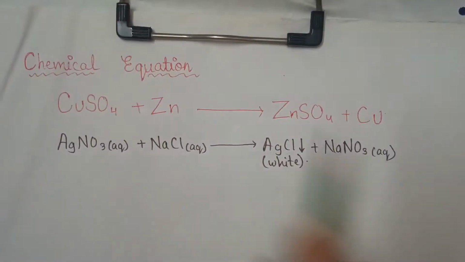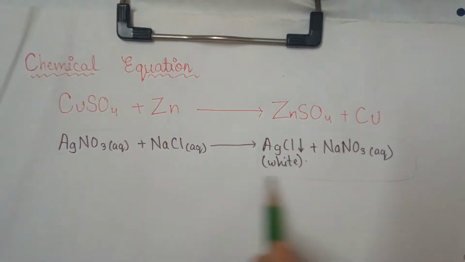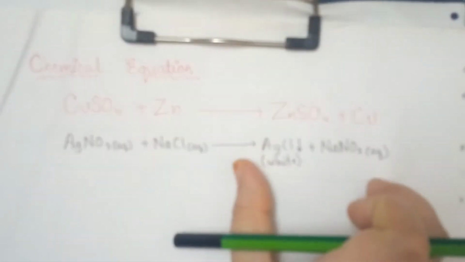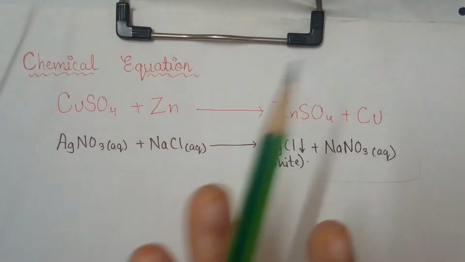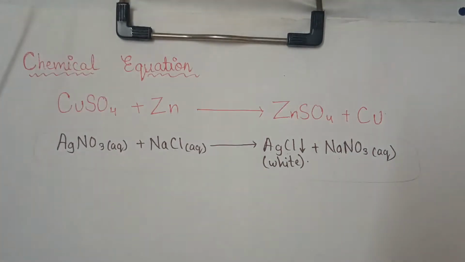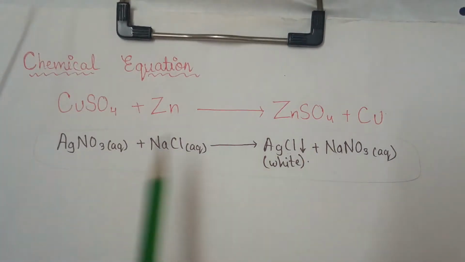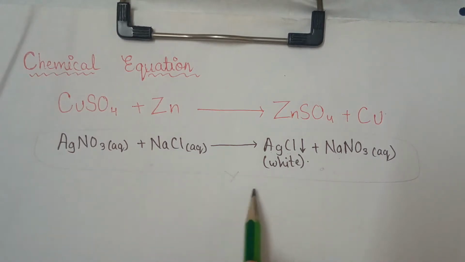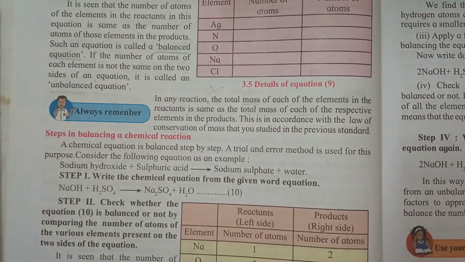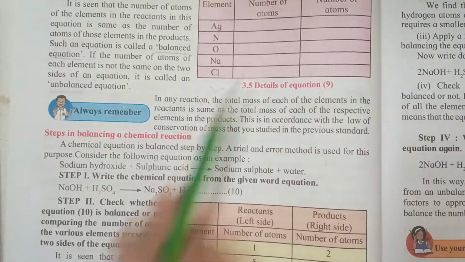So here in this equation the number of atoms in reactant as well as product, that means both the sides, it is same, so it is called a balanced chemical equation. But if the number of atoms in the reactant and product are not same, then it is called an unbalanced chemical equation. All right, so here elements are given.